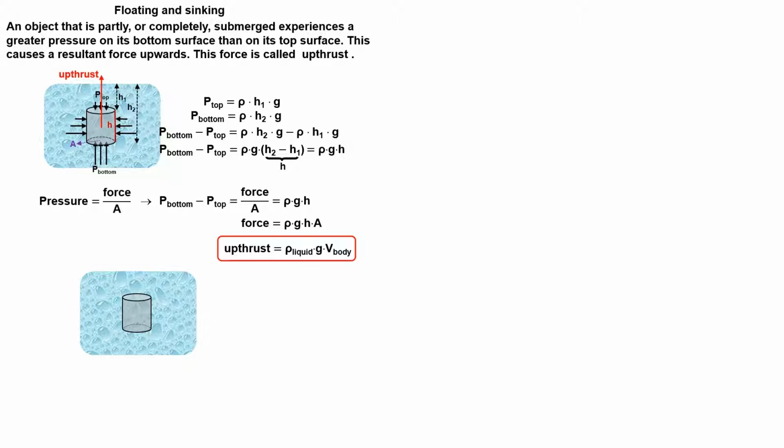Now let's compare the upthrust with the body's weight. To compare the upthrust with the body's weight, we should write the expression for the body's weight in terms of density of the body and its volume.